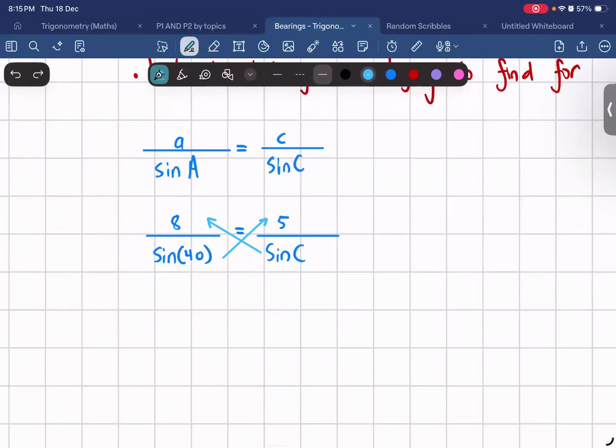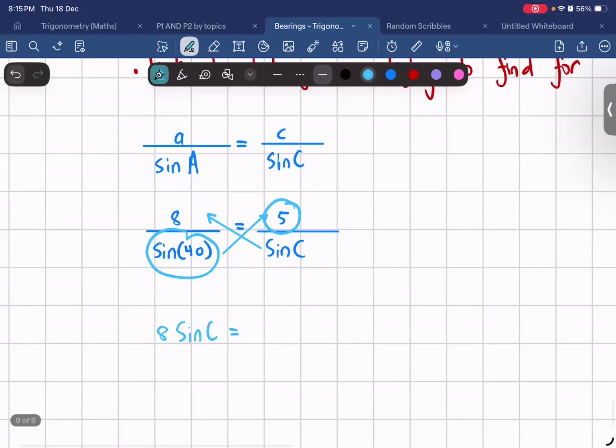A mistake students make is saying sine 8c, but that's very wrong. 8 is a number and sine C is a term, so when multiplying, you write 8 times sine C. Then we have 5 times sine 40, so we write 5 sine 40.